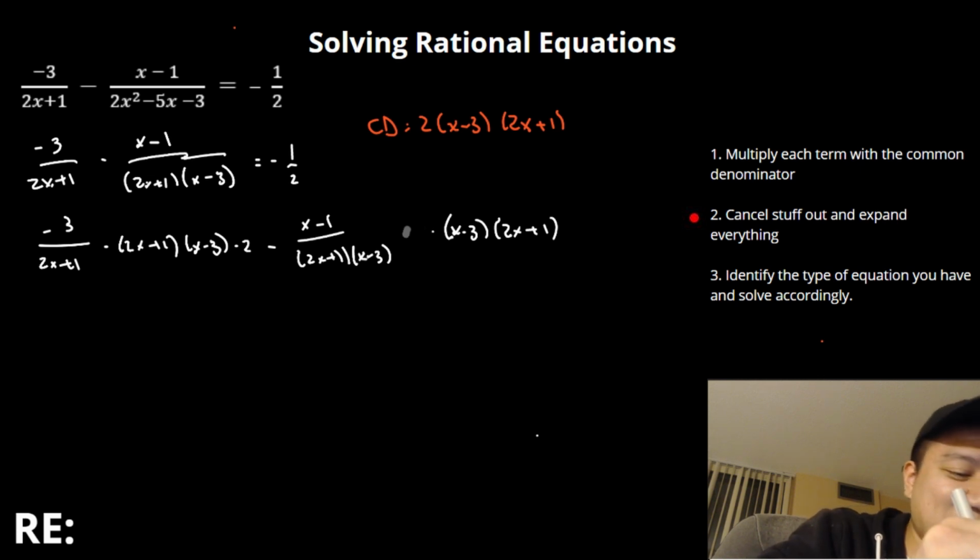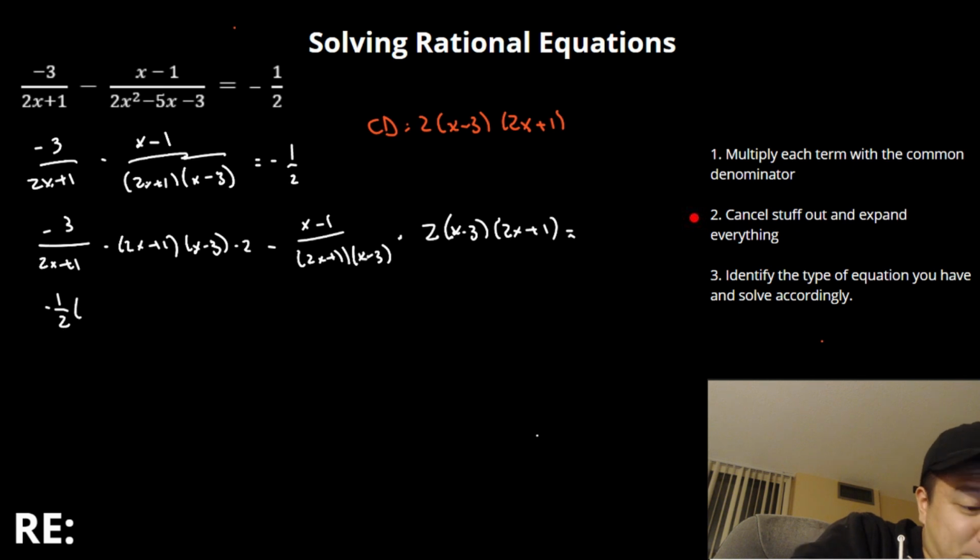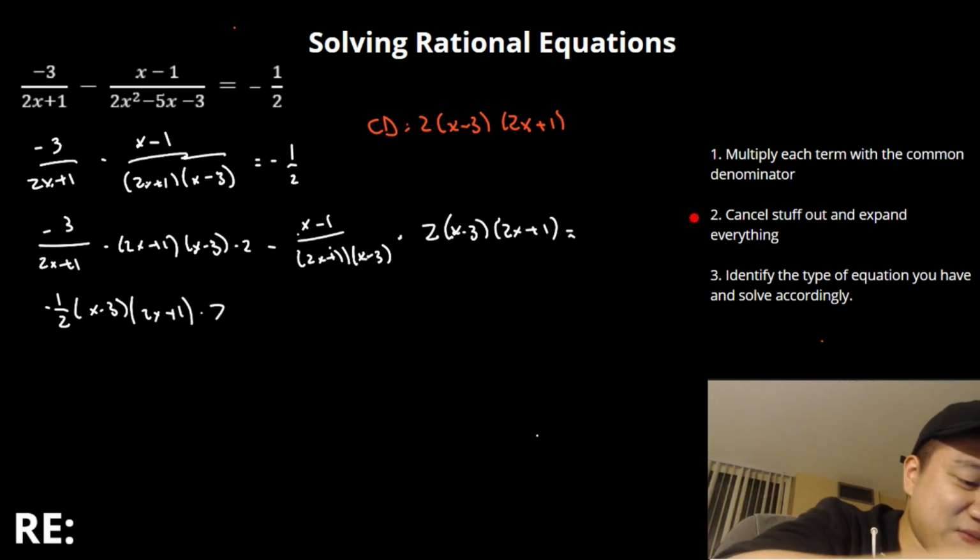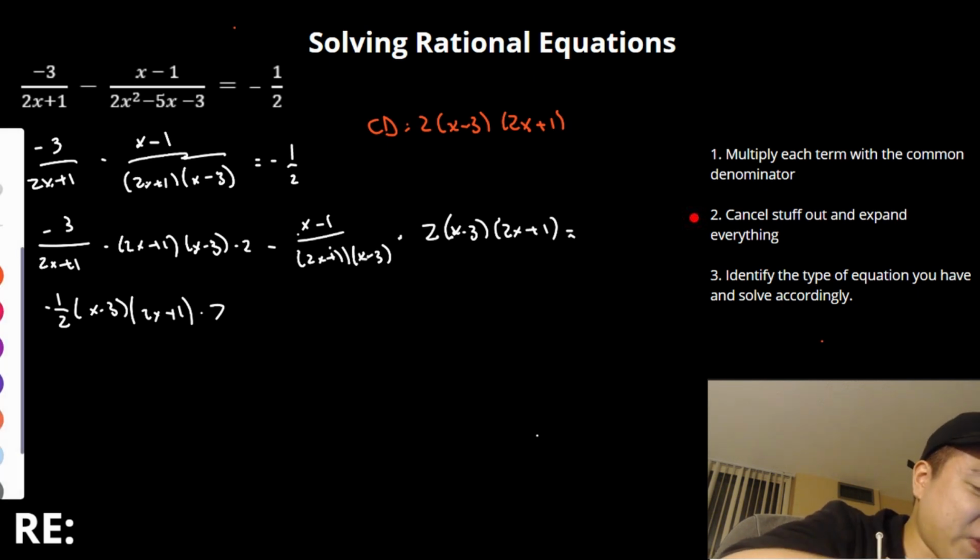This is the most tedious part of the process, but after that it's smooth sailing. Equals 2, x minus 3, and then 2x plus 1 times 2. Alright, we're good. Okay, on to step 2 now.